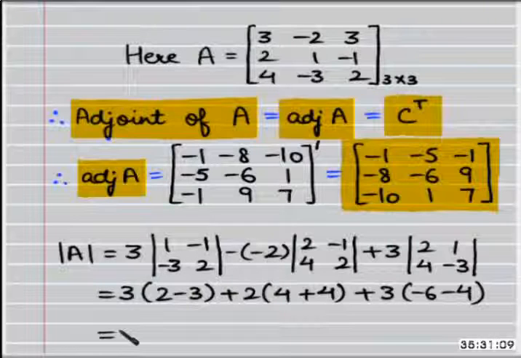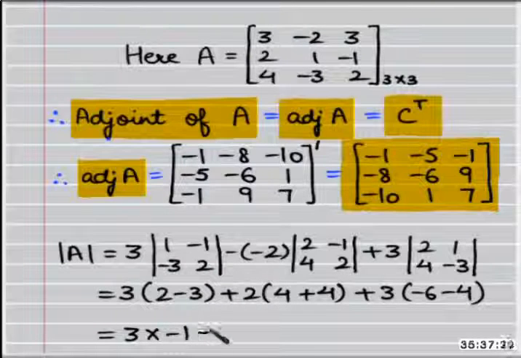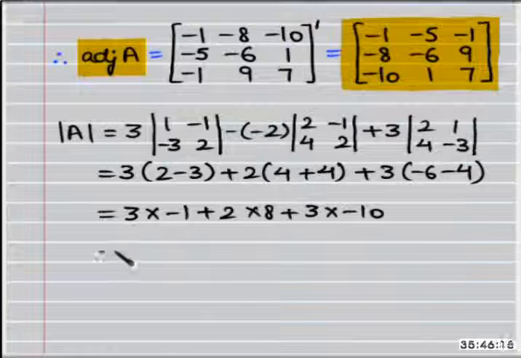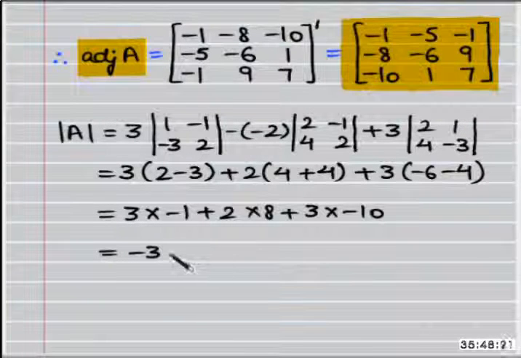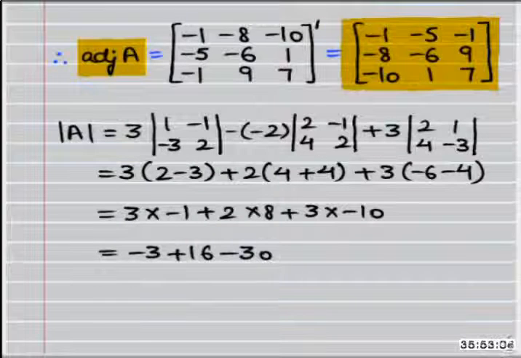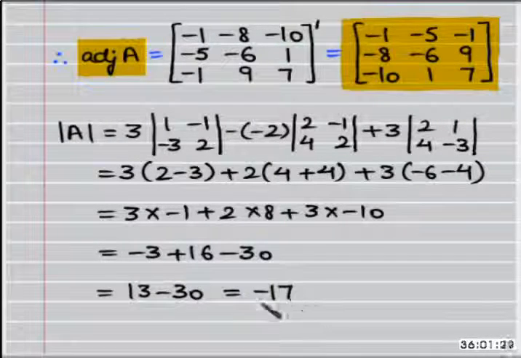On solving, determinant of A is further equal to 3 into minus 1 plus 2 into 8 plus 3 into minus 10, which is further equal to minus 3 plus 16 minus 30, which is equal to 13 minus 30, which is equal to minus 17.